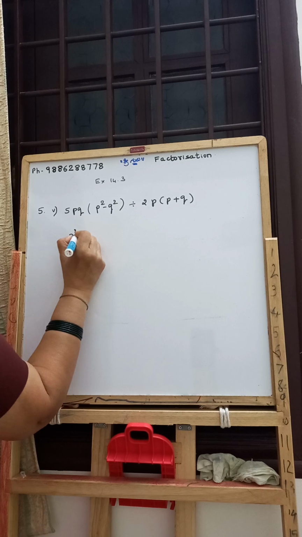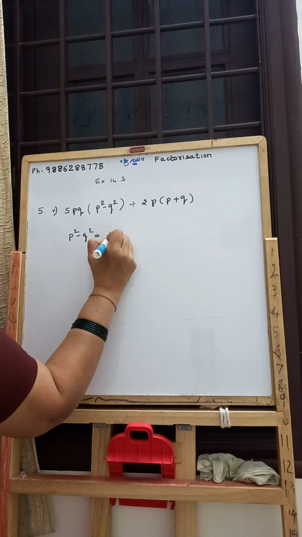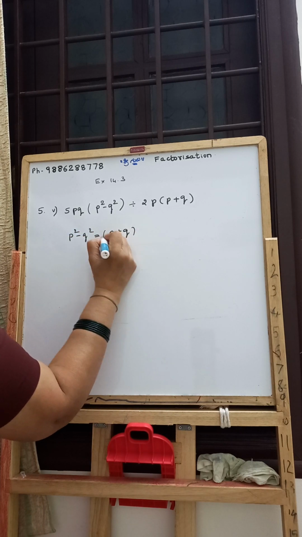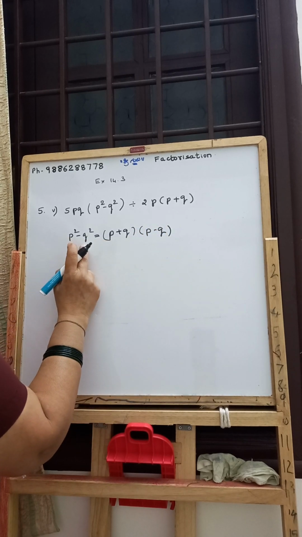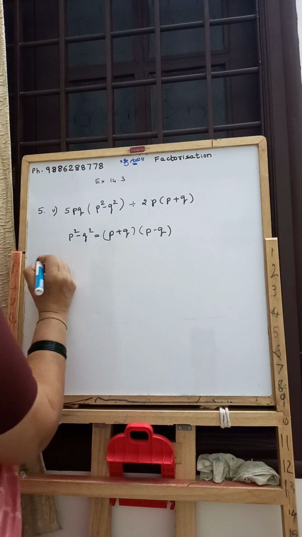P square minus q square can be written as p plus q into p minus q, by the identity a square minus b square is a plus b into a minus b.